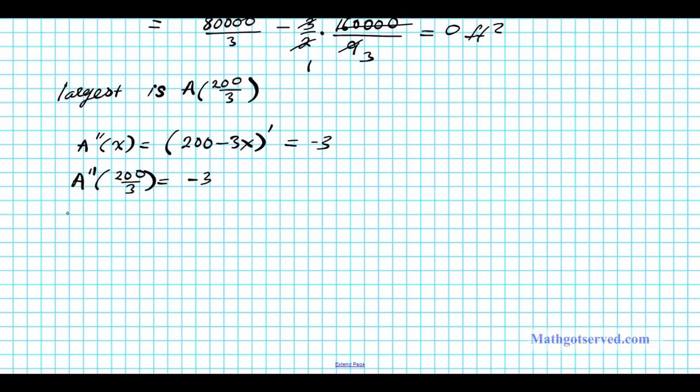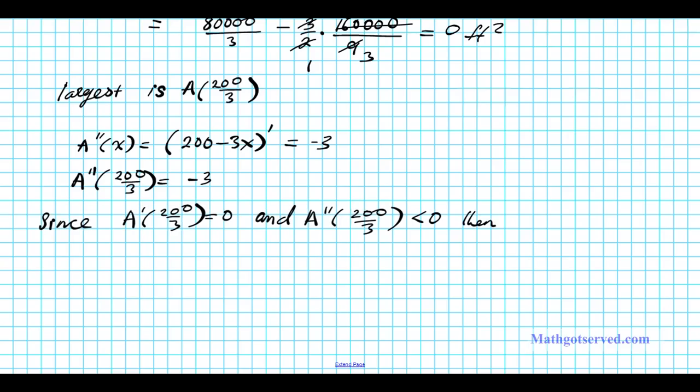So what does this tell us? Using the second derivative test, since A prime of 200 over 3 is equal to 0, which makes it a critical point, and A double prime of 200 over 3 is negative, what does that imply?